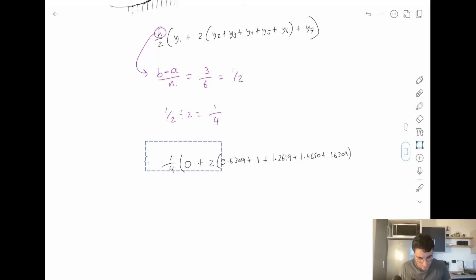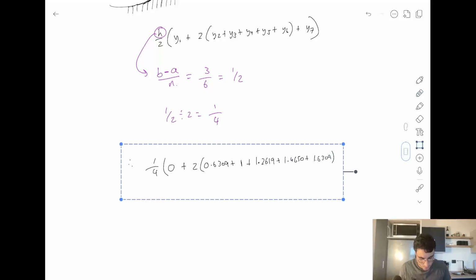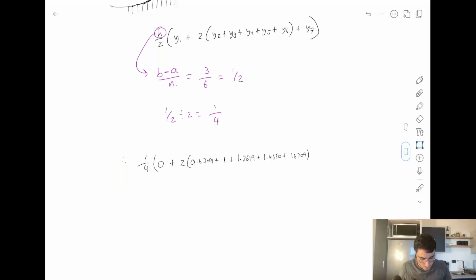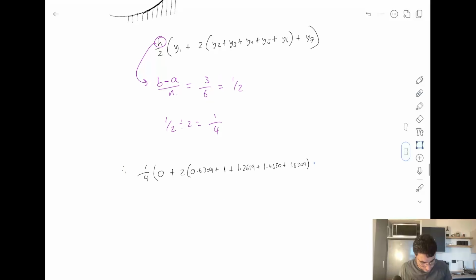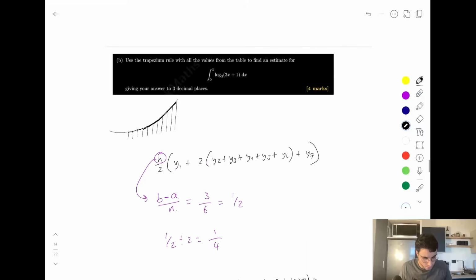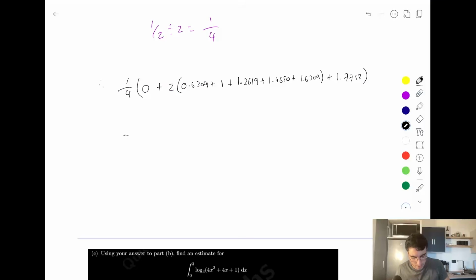And our final one here is the 7th one, so that is 1.7712. And when we find the value of that, that's going to give us a value of 3.437.